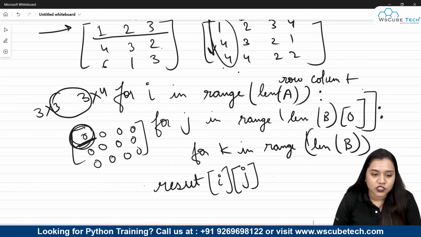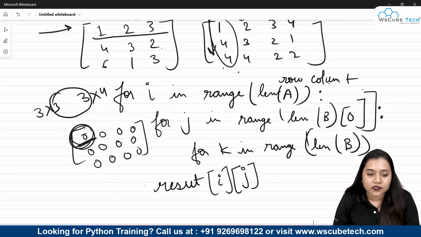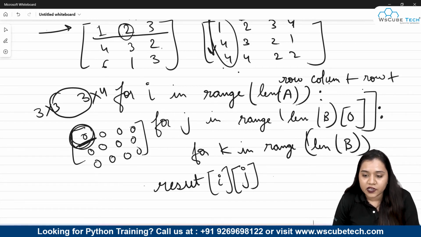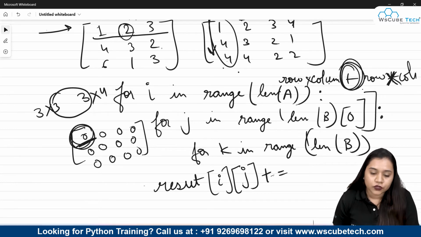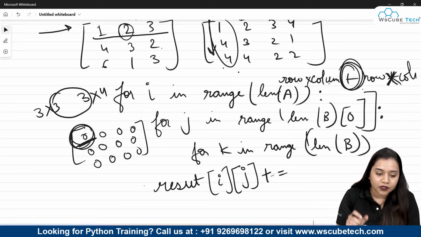The formula works in this way: whatever our row and column is, the new value is the element of that row multiplied by the element of that column, and then the next element of the row multiplied by the next element of the column. So every time an addition is happening over here, that's why we will be writing result plus equals, which means that to the result every time a value will be added.